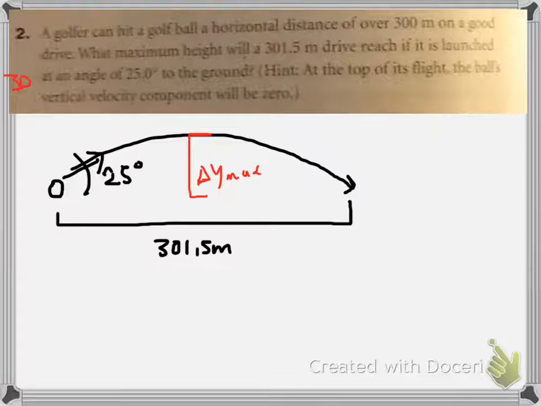Here's something else I'm going to draw your attention to. What is the delta y of the ball overall? It's 0. Interesting. And what is the Vy at top of flight?